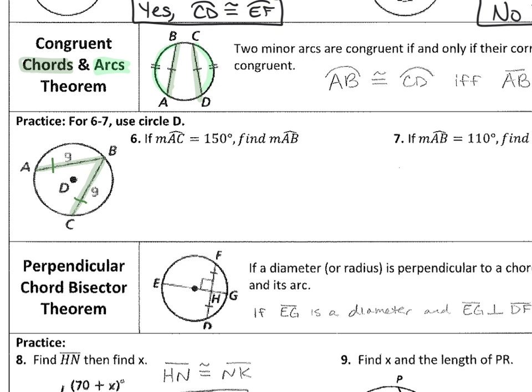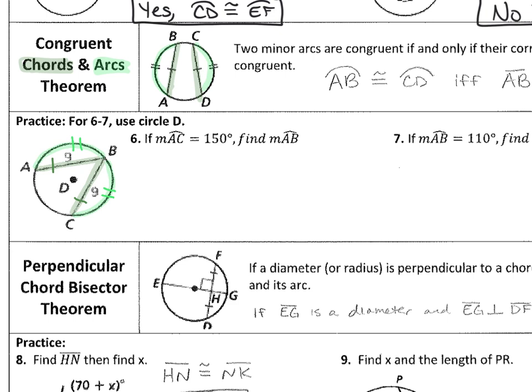If they are the same measure, we then learn that the arcs connecting them, AB and CB, are also the same. Not the same as the chords AB and BC, but the same to each other. One's curved, one's straight. They'll never be the exact same, but they're the same to each other.